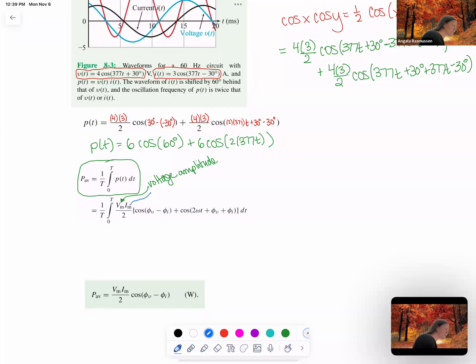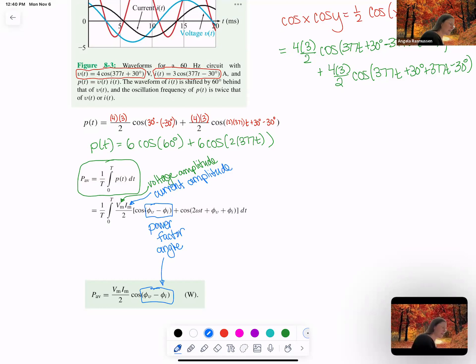This is going to be your current amplitude. And now we have a new term. The subtraction of angle is going to be a power factor angle. And that will be used here too.